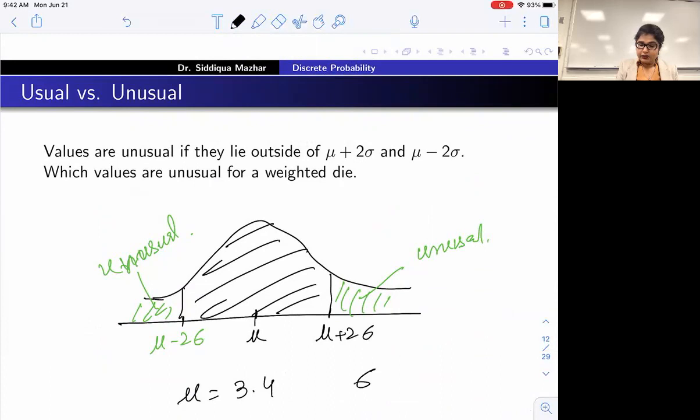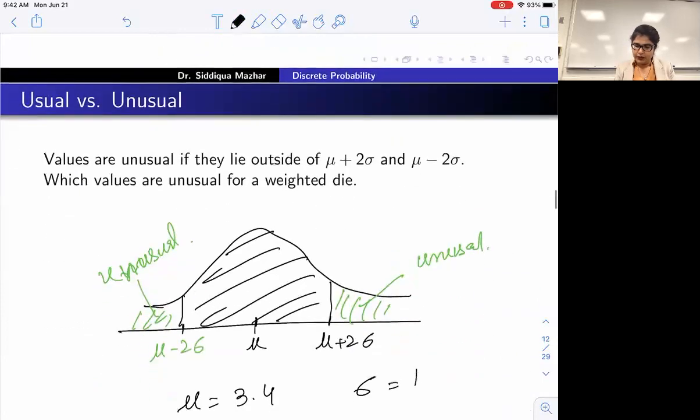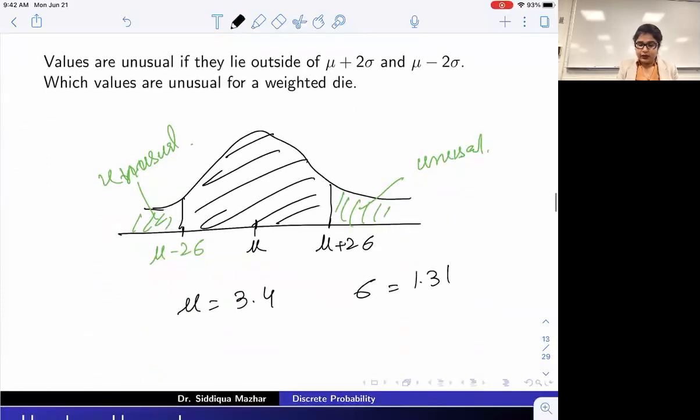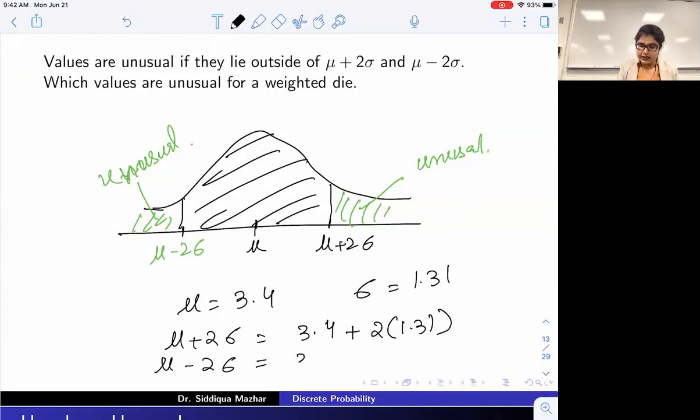And what was the value of the standard deviation? 1.31. So now you have to calculate mu plus 2 standard deviations, which is 3.4 plus 2 times 1.31, and mu minus 2 standard deviations, which is 3.4 minus 2 times 1.31.